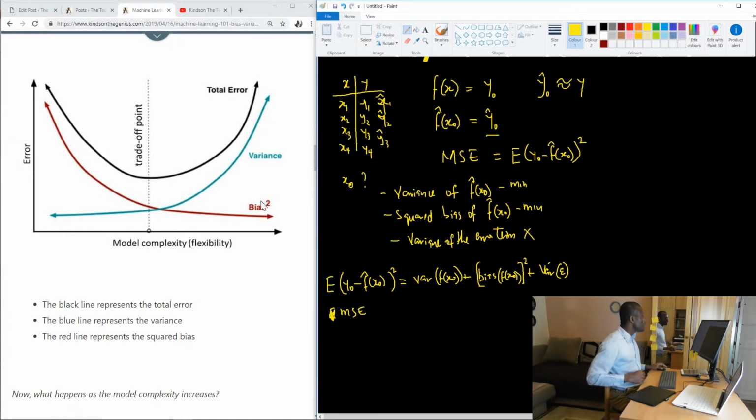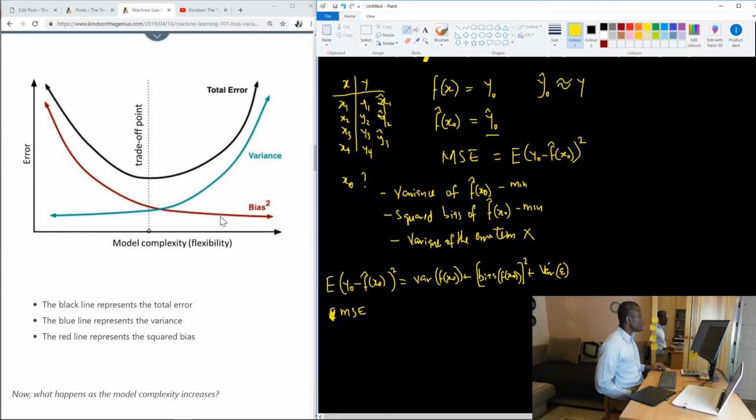So let's examine this curve to see exactly what is happening here. In this case, this is the total error. The red curve, if it starts coming down, we are reducing the bias squared, and the total error is reducing. As you can see, the black curve is also reducing. At some point, the black curve starts going back up. So at some point, the total error starts going back up.